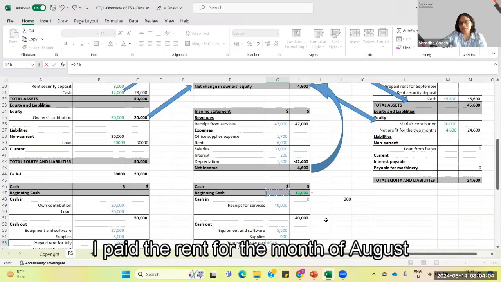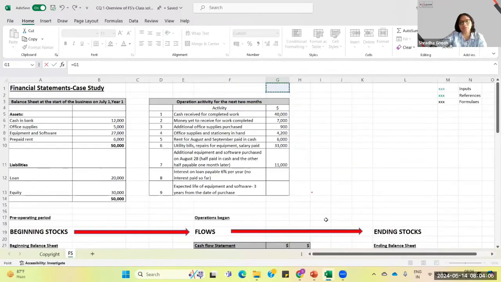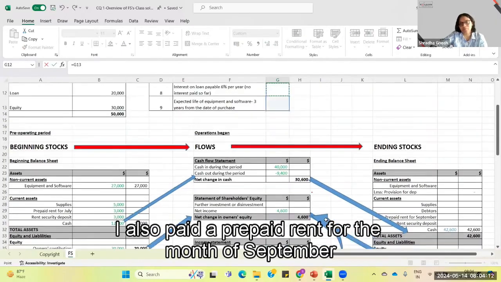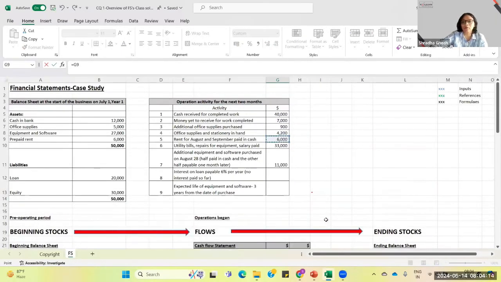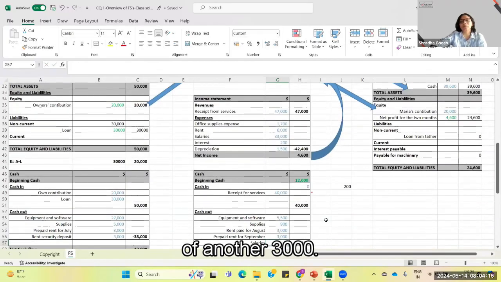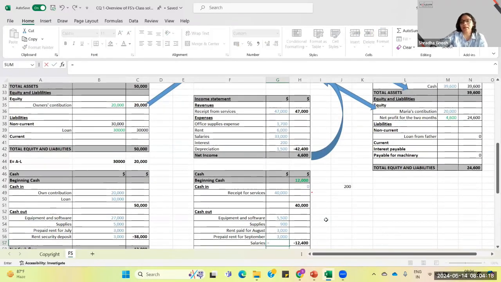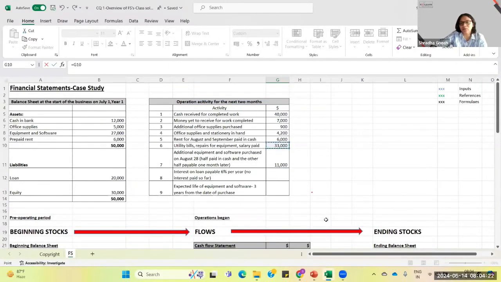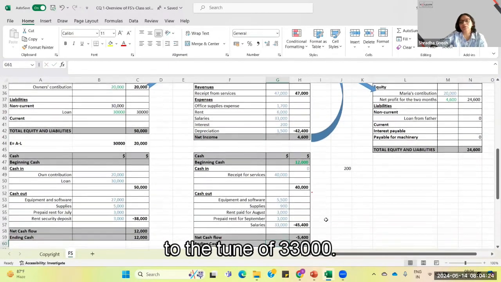I paid the rent for the month of August of 3,000, and I also paid a prepaid rent for the month of September of another 3,000. And I ended up disbursing my salaries to the tune of 33,000.